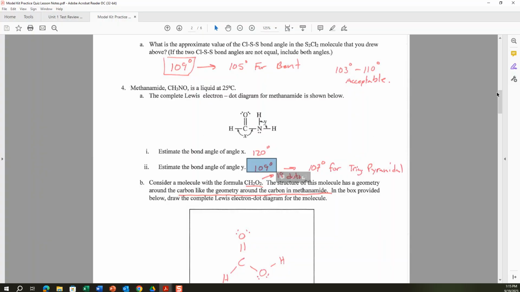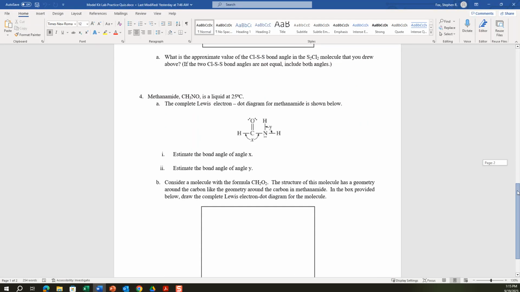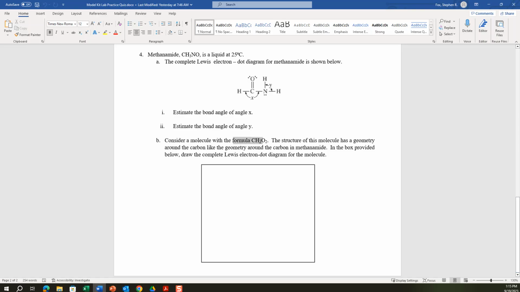And then in part B, if we look at the actual quiz, this is when they give us a straight up, hey, here's the molecule we want you to draw the dot structure of, but it's blank, okay? But they give us some clues. They say the carbon has the same geometry that's in this compound above. So trigonal planar geometry. So that means only 3 things bonded to it, okay?